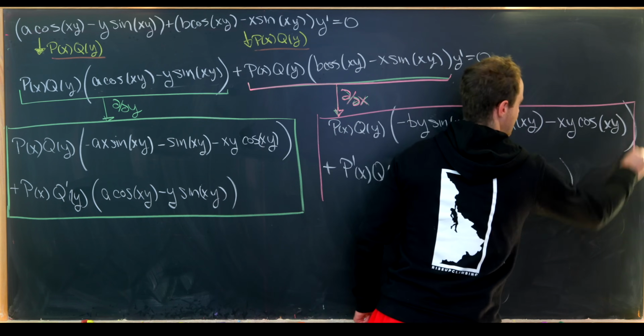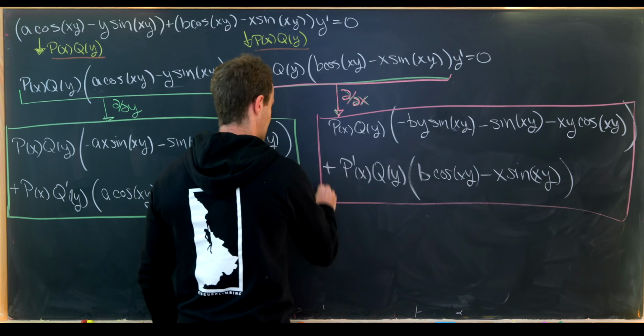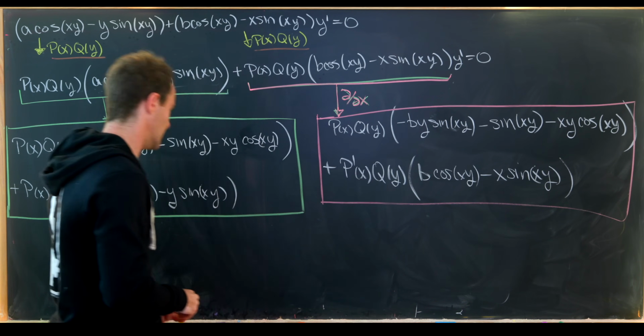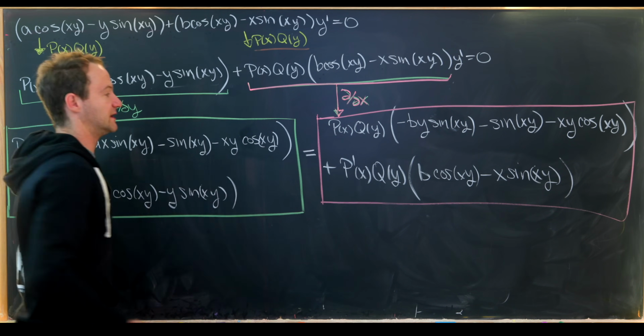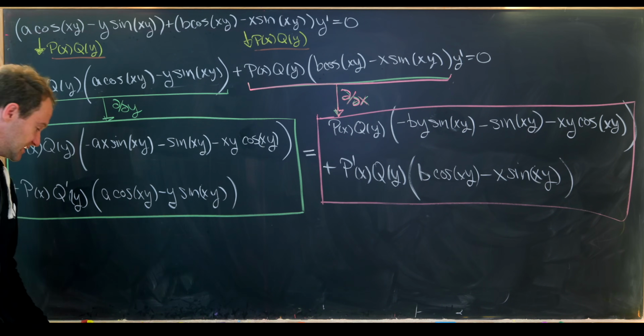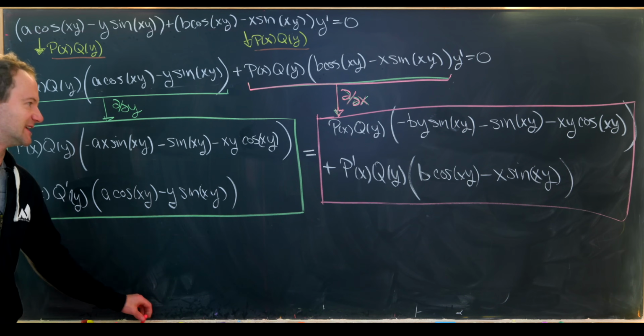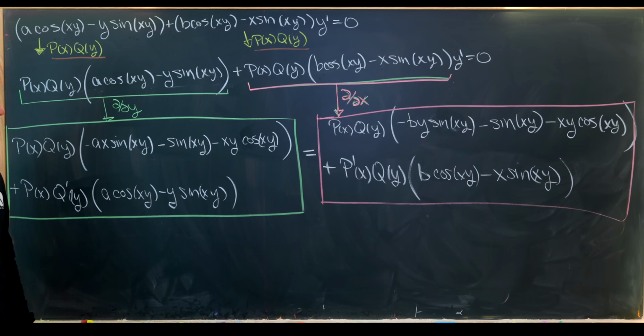That's what we get from taking the partial of all of that stuff with respect to y that is pink coded. Okay, so now we want to impose equality here, because imposing equality here is imposing the condition that this is an exact differential equation. And now we want to start canceling things.